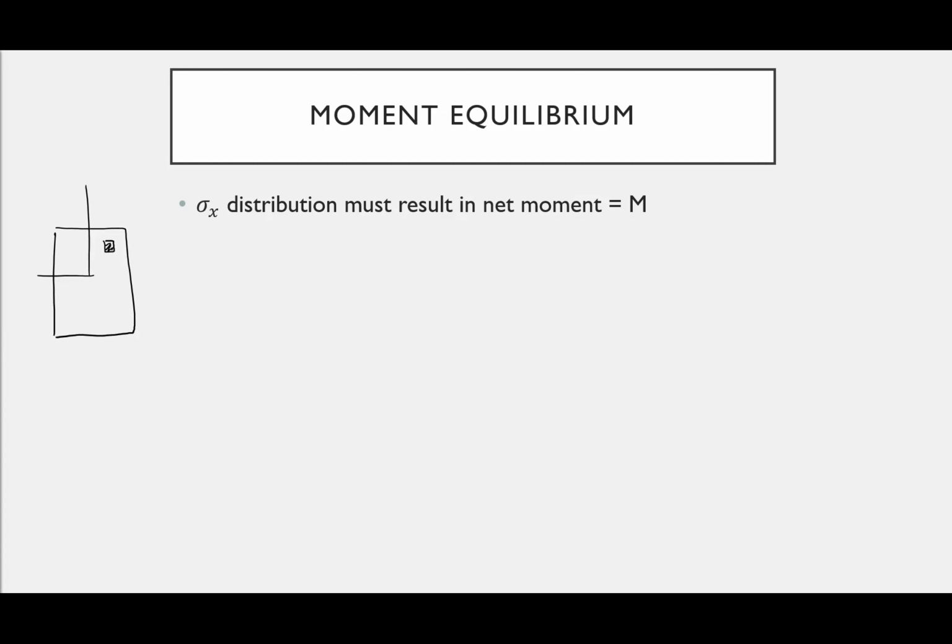So that force needs to be multiplied by the y, by the distance to the neutral axis. Okay, so we're going to integrate over the area the distance y times the stress integrated with respect to area.